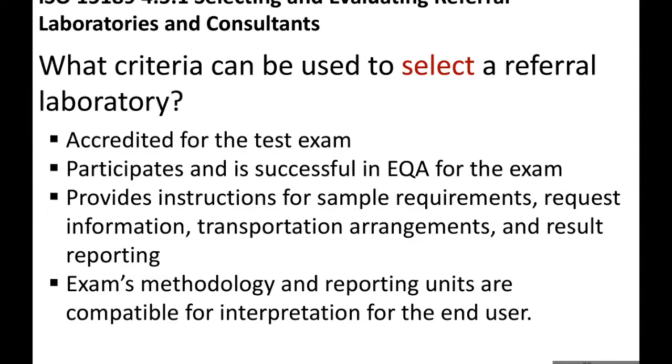For example, if it's a chemistry test, is their chemistry unit or section accredited, or are they accredited for that particular test? You want to make sure that the lab participates in EQA successfully, right? It's not just participation in EQA, because if they are participating in EQA but they're failing, that means they're not competent in the performance of that test. So you want to make sure that they're also passing.